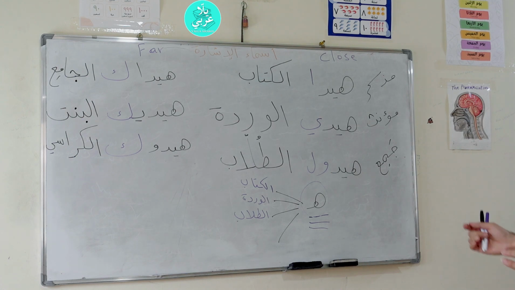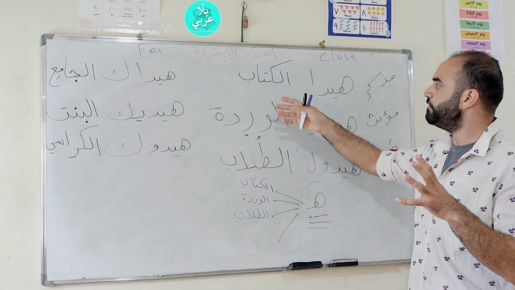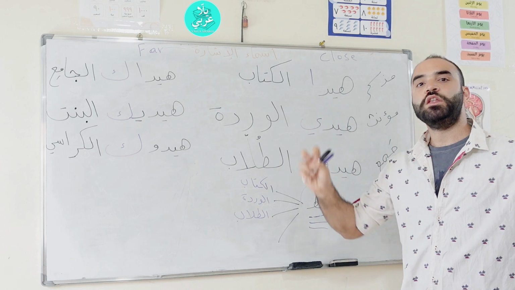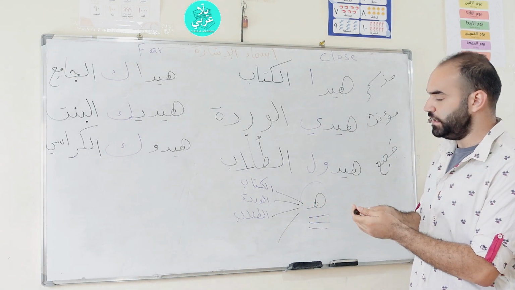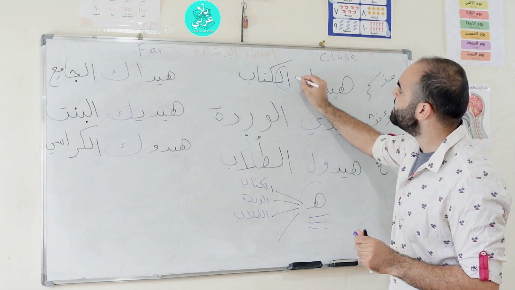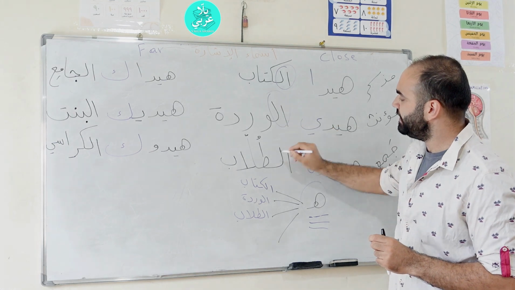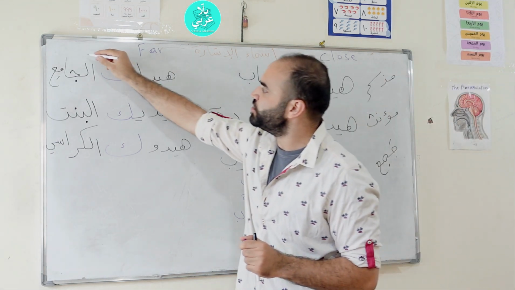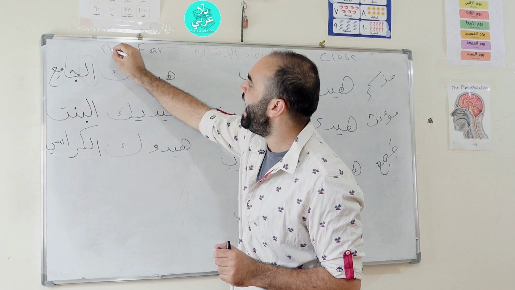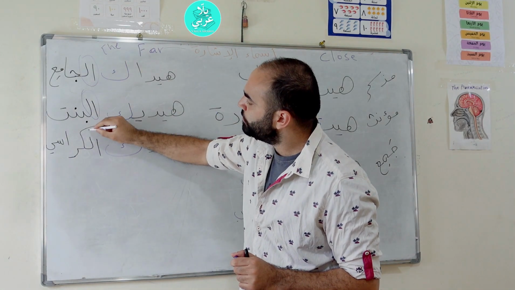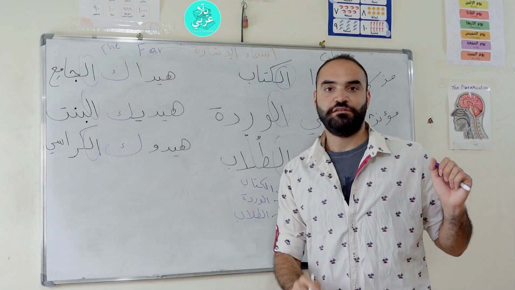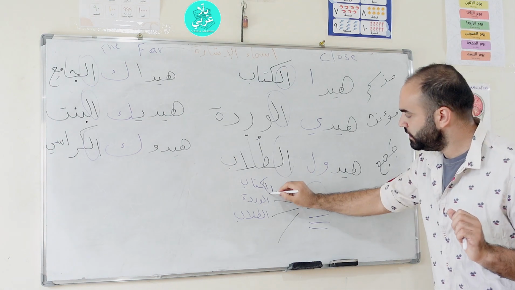Of course, all the nouns after it should be known. If you see here, هيدا الكتاب, الوردي, الطلاب, الجامعة, they're always known after the demonstrative nouns. Always.